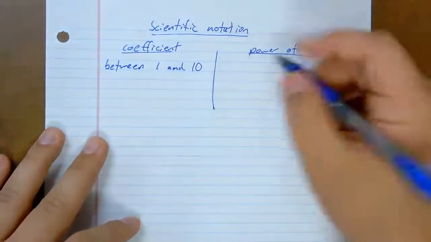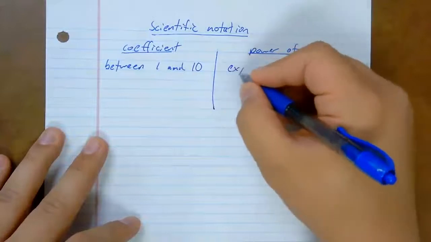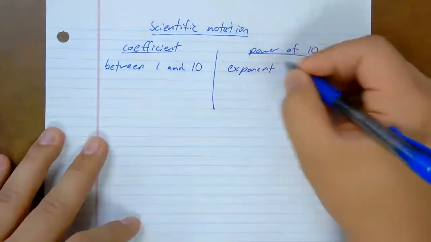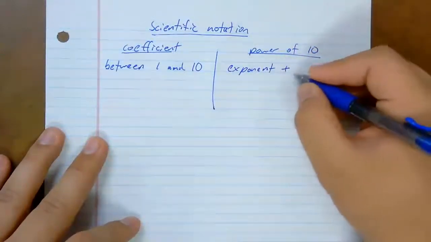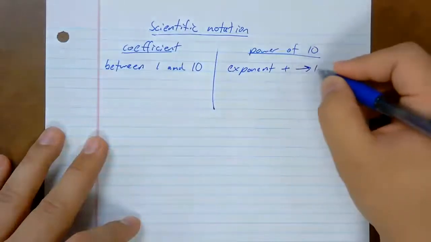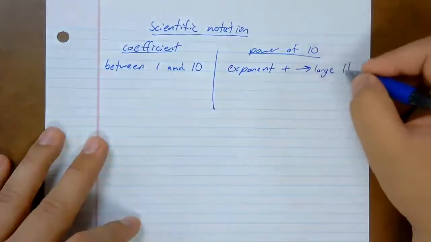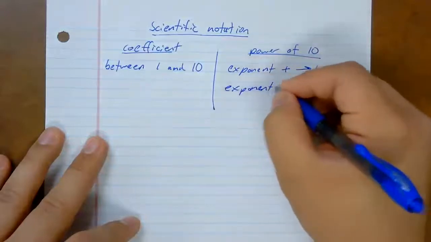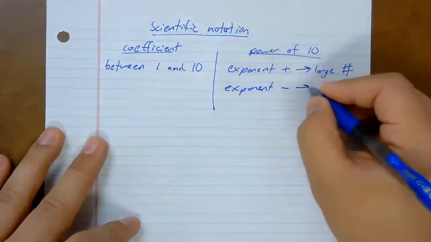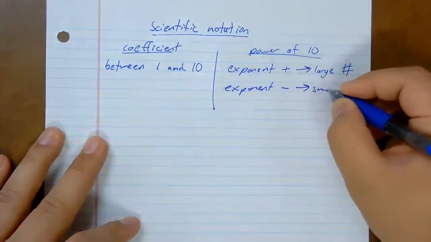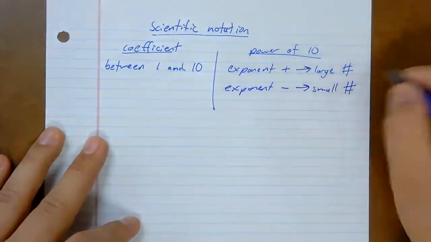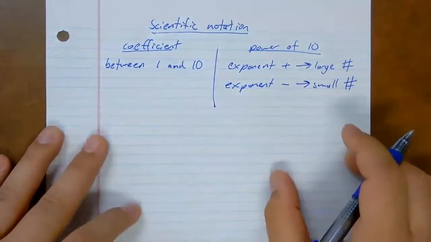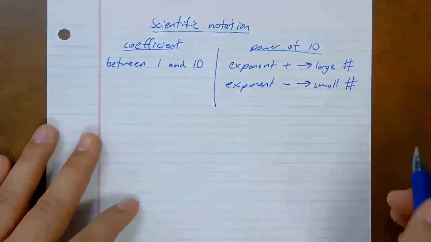And our power of 10: if the exponent is positive, that means it is a large number. If the exponent is negative, that means it is a small number. Okay, so we have large numbers and we have small numbers, something between 1 and 10.